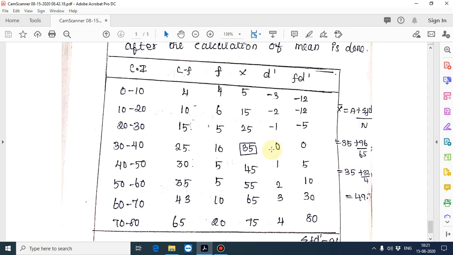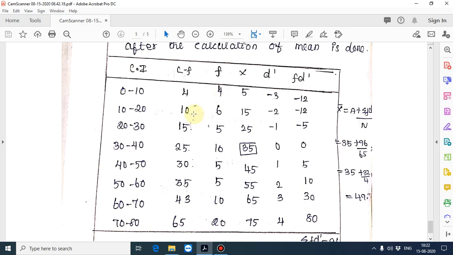The classes we take as 0 to 10, 10 to 20, 20 to 30, 30 to 40, 40 to 50, 50 to 60, 60 to 70, 70 to 80. Then the cumulative frequency values, 4, 10, 15, 25, 30, you put those. That is the cumulative frequency. Now we have to find f. The first value is 4, you put 4.